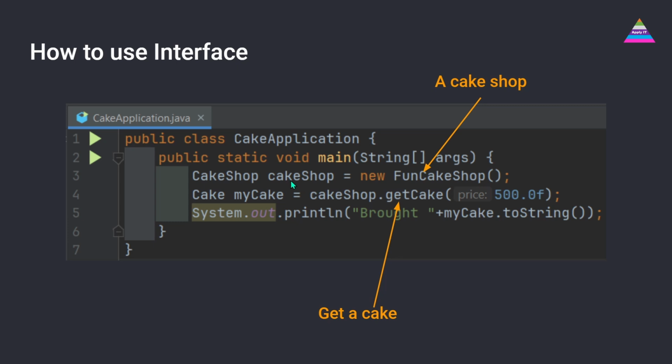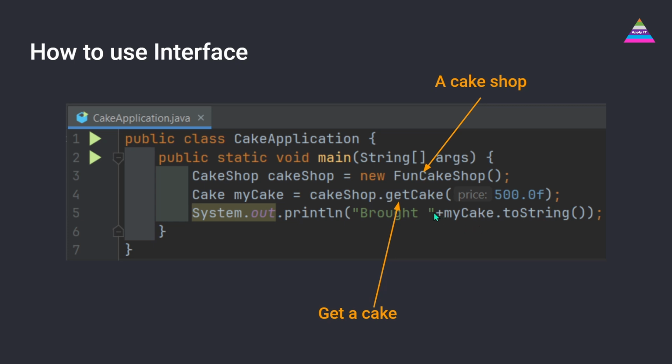Now as a user, as a customer, we invoke a method called getCake on this CakeShop interface. This CakeShop interface can refer to any object, it doesn't matter. Shortly we'll see that. We just pay money, we get a cake and then we use it. So while using an interface, we focus on what we want to do, not how it is done.